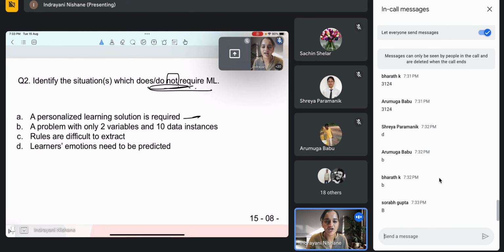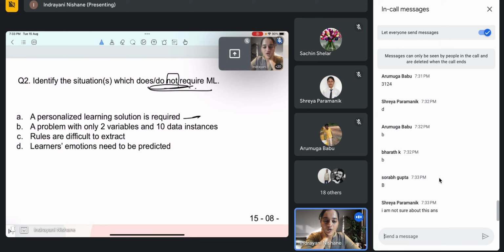Or you can type in the chat box, whichever is easier for me. Shreya, you don't want to, or you don't know, you just said option D randomly? Okay, you're not sure. Okay, fine.